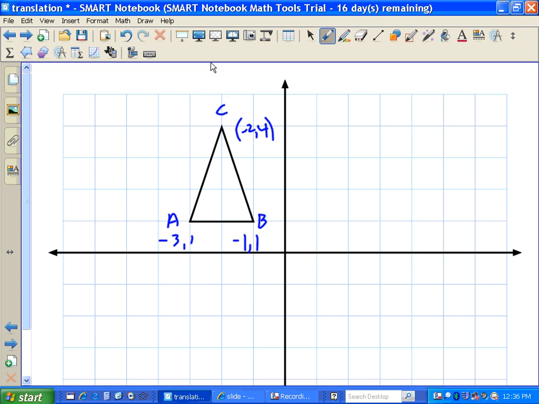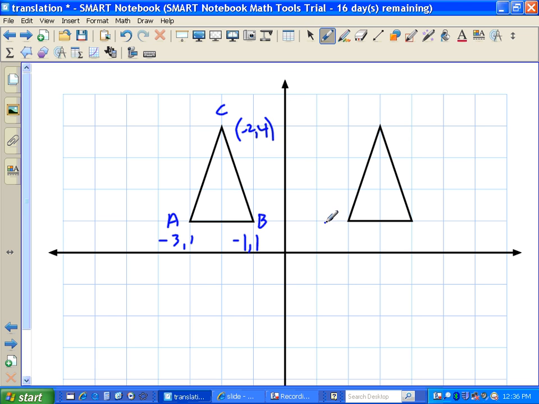Seem okay? Now we're just going to slide it. Let's move it to the right 5 spaces. Moving this to the right: 1 space, 2, 3, 4, 5 spaces. And that's its new home.